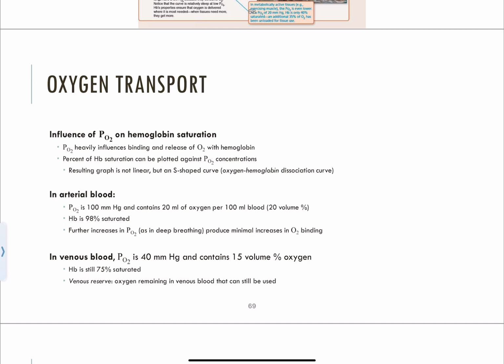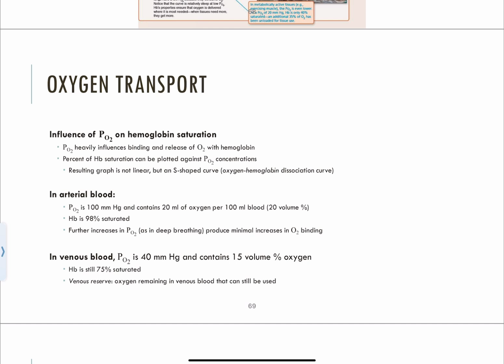My point with all of this is that arterial blood is our newly oxygenated blood that's coming from our lungs and going to be distributed to our body tissues. It has 98% saturation of our hemoglobin. Once we drop off this oxygen to our tissues, we are not completely depleting our hemoglobin of oxygen.